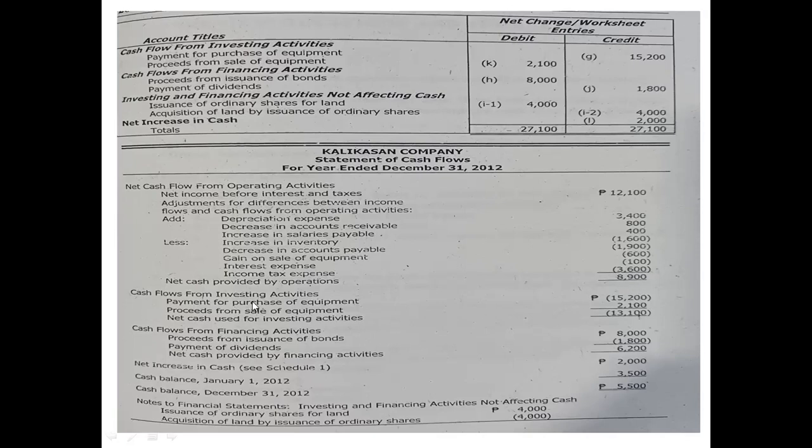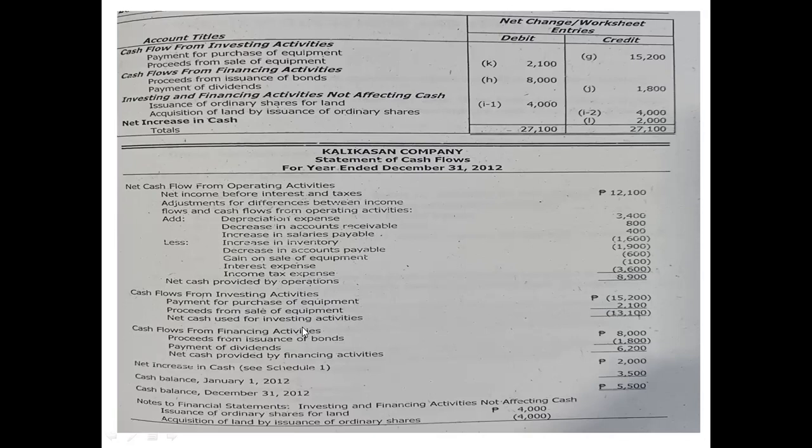Now let's go to investing activities. So payment for purchase of equipment, 15,200. You put a bracket here. This is an indication that you deduct this, 15,000, and then proceeds from sale of equipment, 2,100.